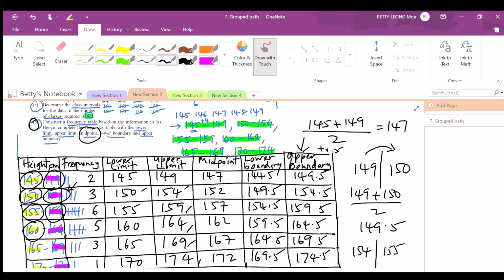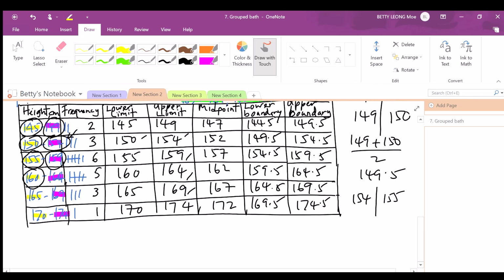And then what else do you need to know? You need to know the size of class interval. You know it's 5 here, but if you are given the table, maybe in any questions in your exercises or in your exam, you were asked to find the size of class interval.